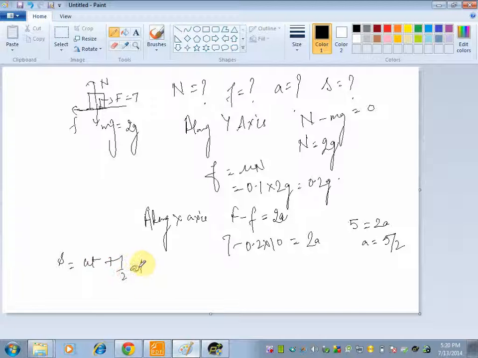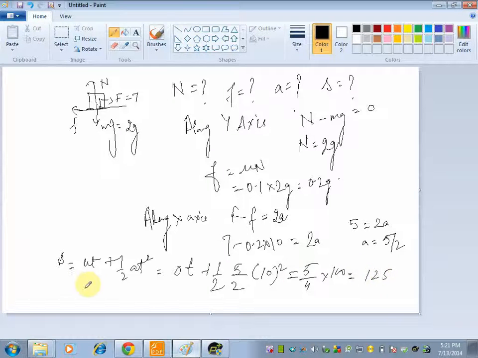0t plus half into 5 by 2 into 10 square, so it's 5 by 4 into 100, it will be 125, and so work done will be Fs cos theta, Fs cos 0, as per the diagram.